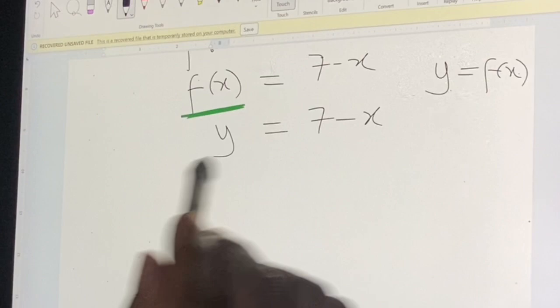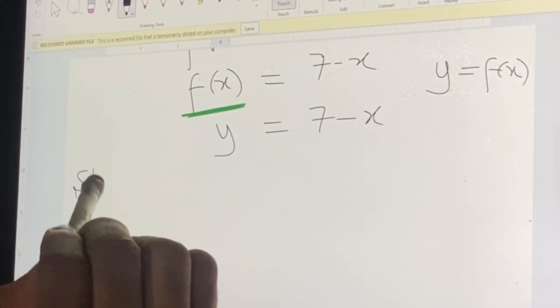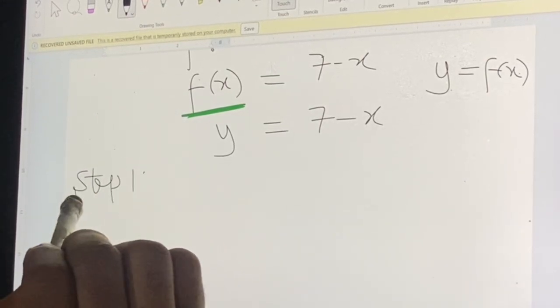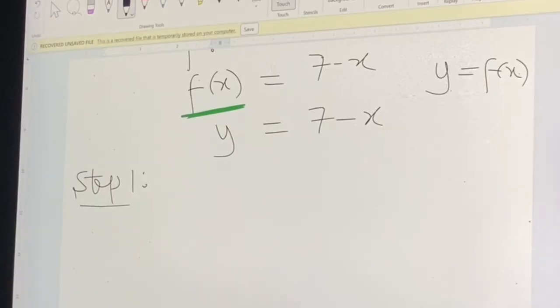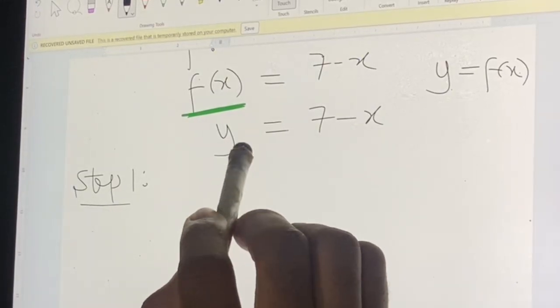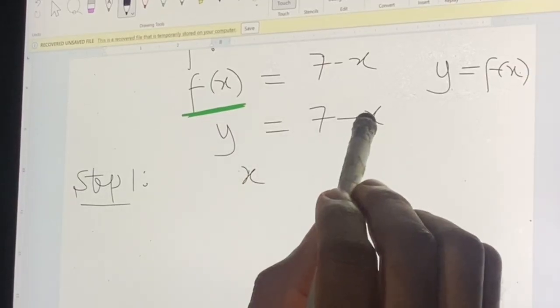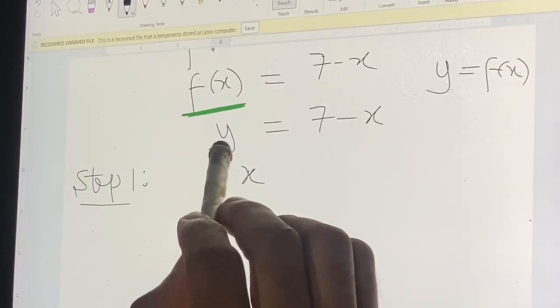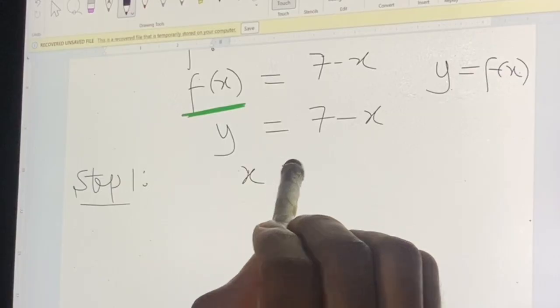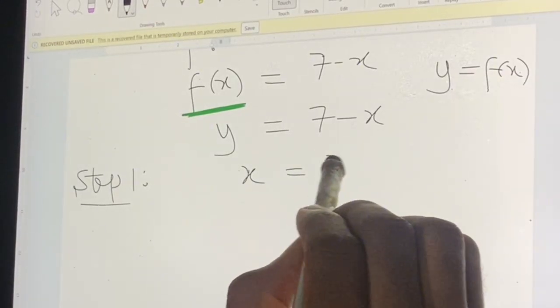So from step one, we have to make s the subject of formula from the note given to us. Taking this minus s from the right to the left side, we'll have s is equal to 7 minus y.